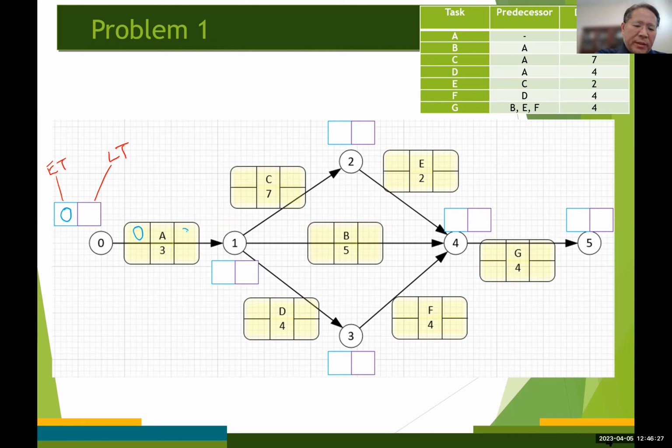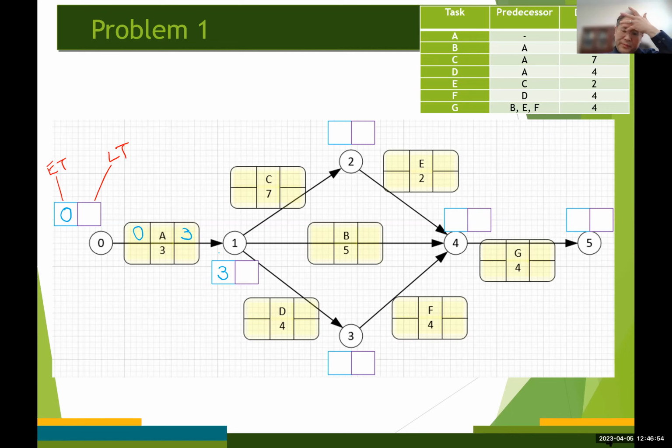So it's going to be 3 down here. The event number 1 is the completion time of activity A, which is 3, so the earliest time for event number 1 is going to be 3.